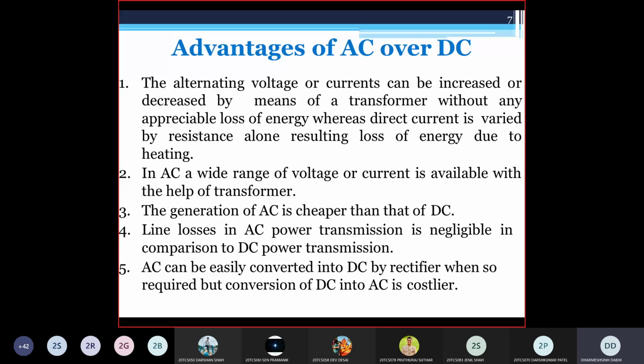Because mobile charger requires DC, but the supply we provide is 230 volt AC. So in your mobile charger, we have one transformer which steps down the voltage from 230 to 12 volt, and then after that converts this AC voltage into DC. Clear? So in some of the applications we require DC also, but we get this DC directly by using the rectifier.